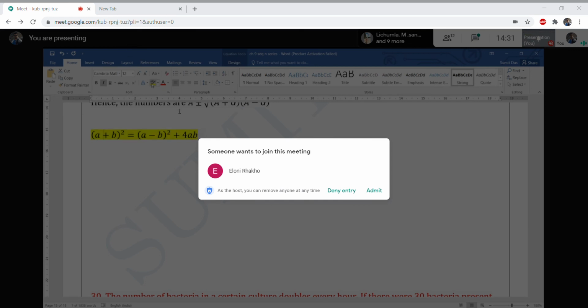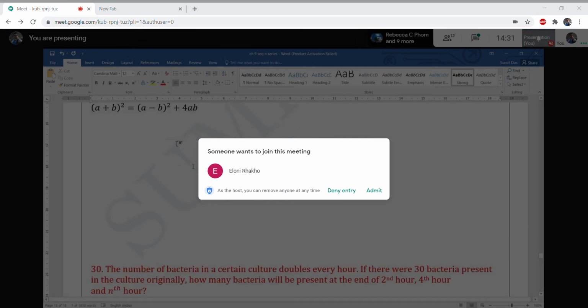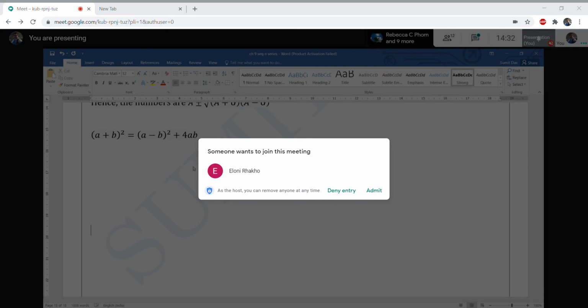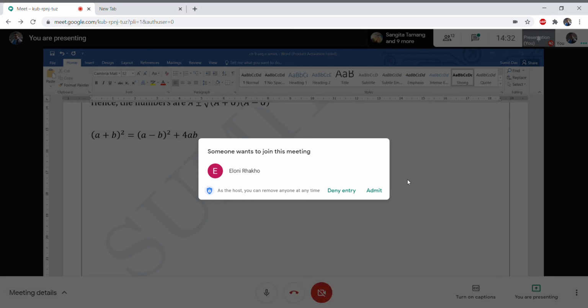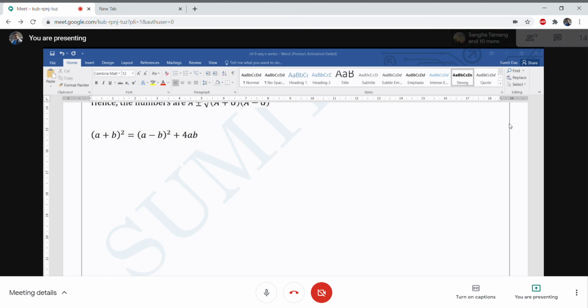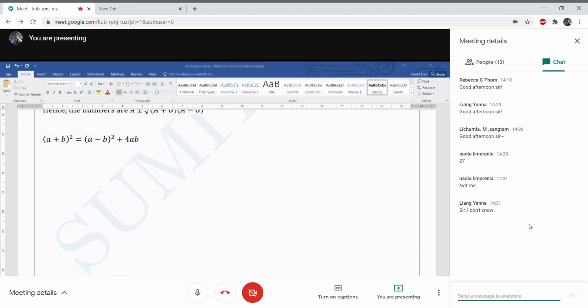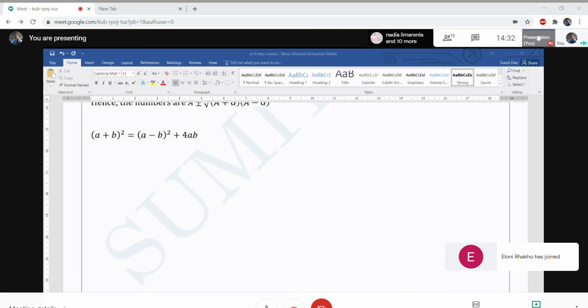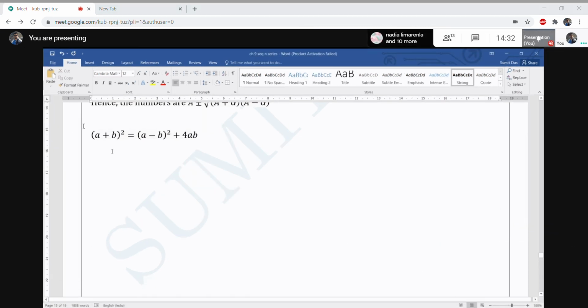How many of you know this formula? Okay, you don't know. This is just an extension of the class 9 identities.